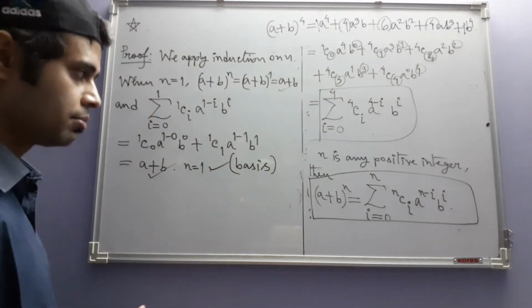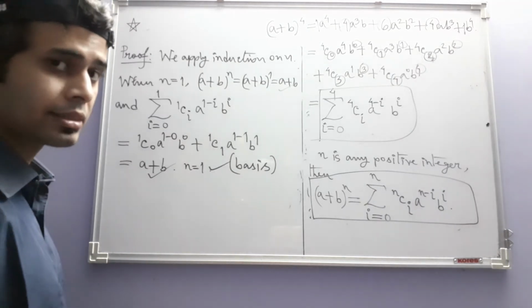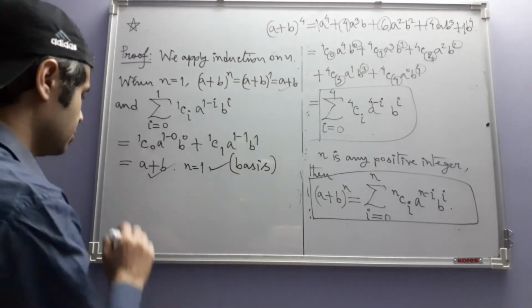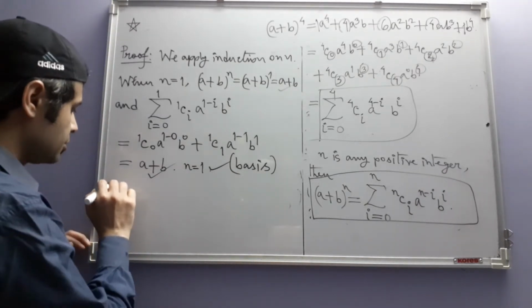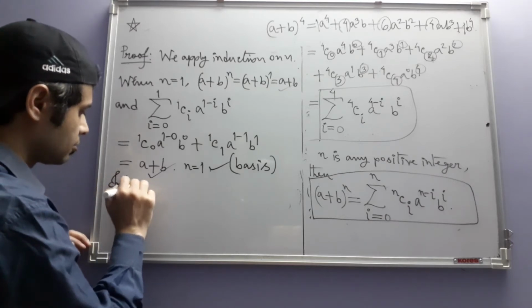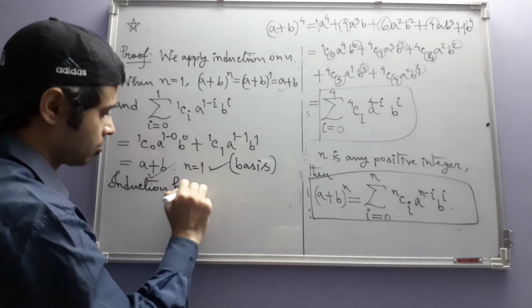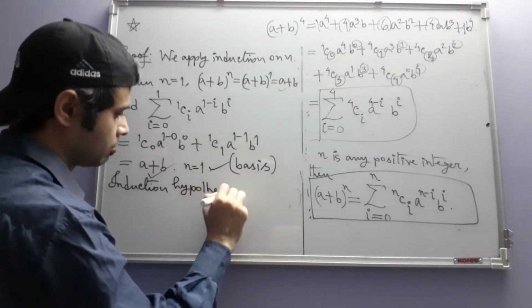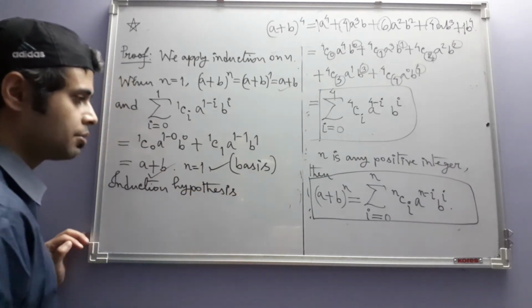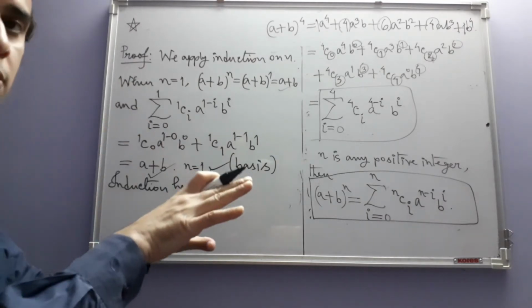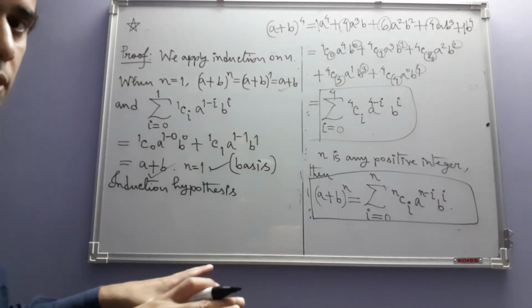Now we make the induction assumption or induction hypothesis. So our induction hypothesis is this. The induction hypothesis is the statement that this theorem is true for some positive integer n.